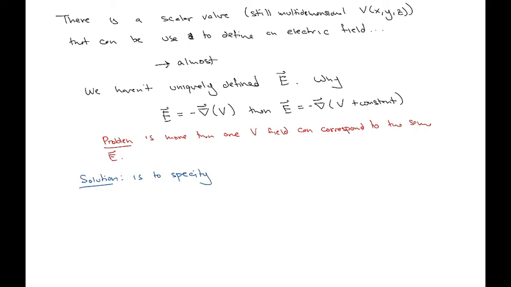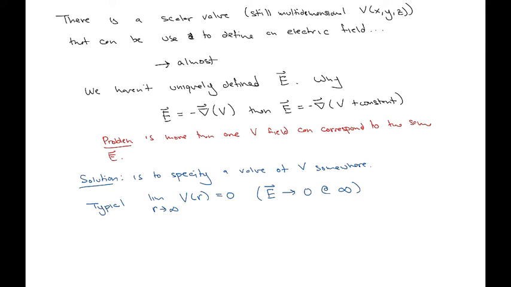Okay, so our solution, if this is our problem, is to specify a value of V somewhere. What's typical is that in the limit as r goes to infinity, we say V of r goes to 0, which is essentially like saying that when you get really far away from a point charge or a charged disk or a charged ring, the E field goes to 0 at infinity.